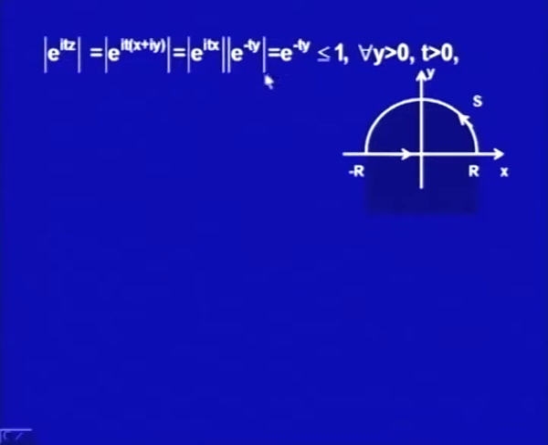So, this would be the absolute value of e to the power minus t y. E to the power minus t y is a real number, so it is the same as e to the power minus t y. Moreover, y is on the semicircle which is in the upper half plane, that is y is always positive, and t we have taken as a positive real number.